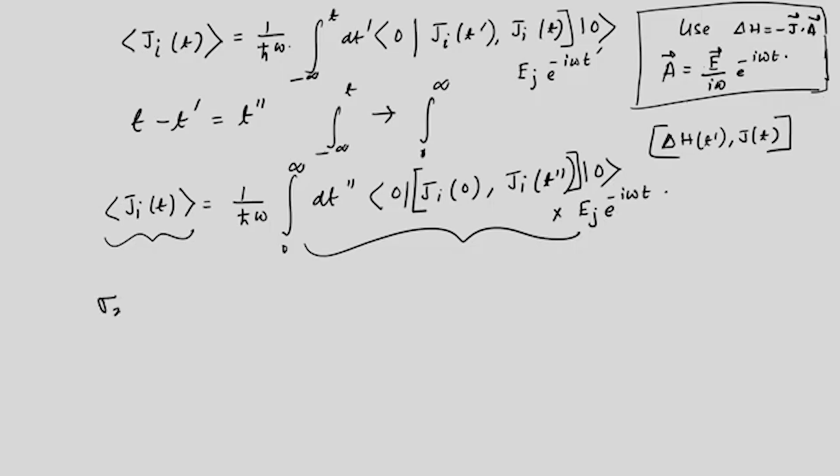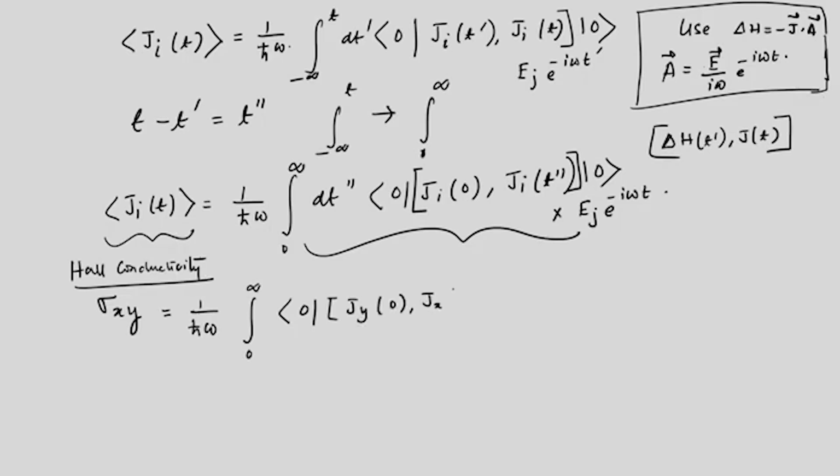So sigma xy, which is the Hall conductivity, or the Kubo formula for the Hall conductivity, is sigma xy equal to 1 over h bar omega, integral from 0 to infinity, of the commutator of J_y at 0 and J_x at t, times exponential of i omega t, and so on. That is the formula for the Hall conductivity, and this is a well known result.